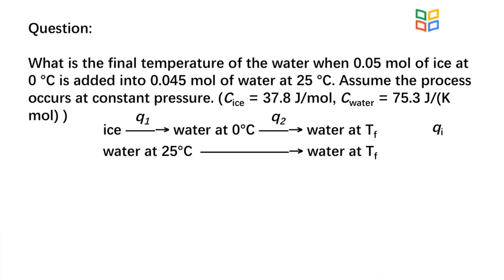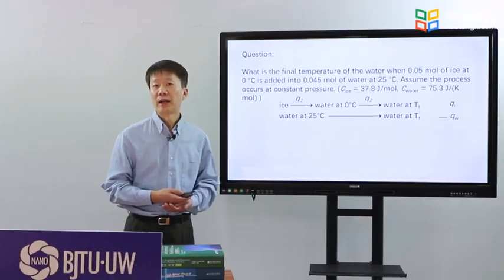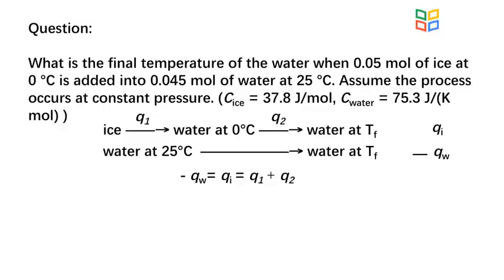The heat transferred total is QW. But there is a minus sign. Because the heat is released, we then have minus QW equals QI equals Q1 plus Q2.